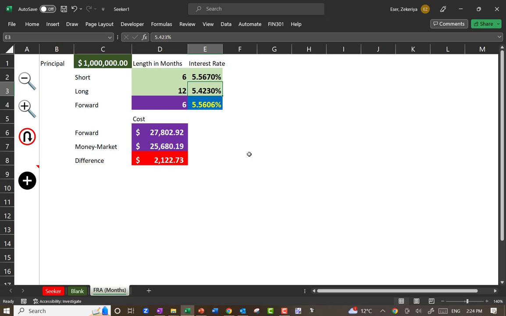What does that tell you in terms of what the market expects? If you've seen that, what's the first thing you're going to think? Is it more likely that the 6-month rate is going to be lower 6 months from now or higher?